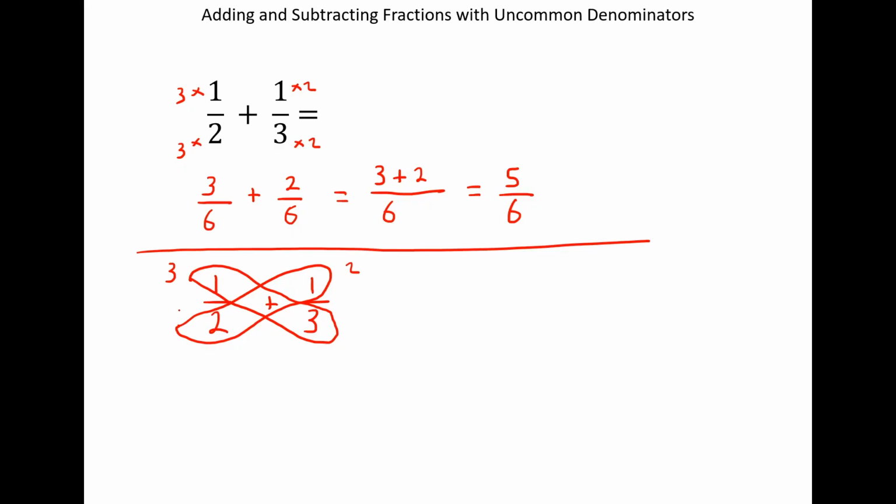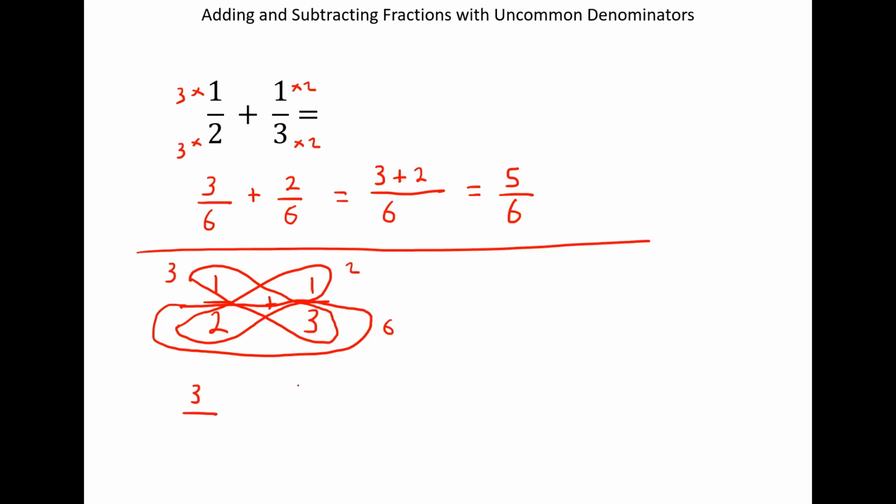Now what I want to do with this method is one more step for this butterfly method. I want to draw almost like a cross for my bottom denominators, indicating that I have to multiply them together. So in this case, 2 times 3 is going to be 6. Now my top number was 3.